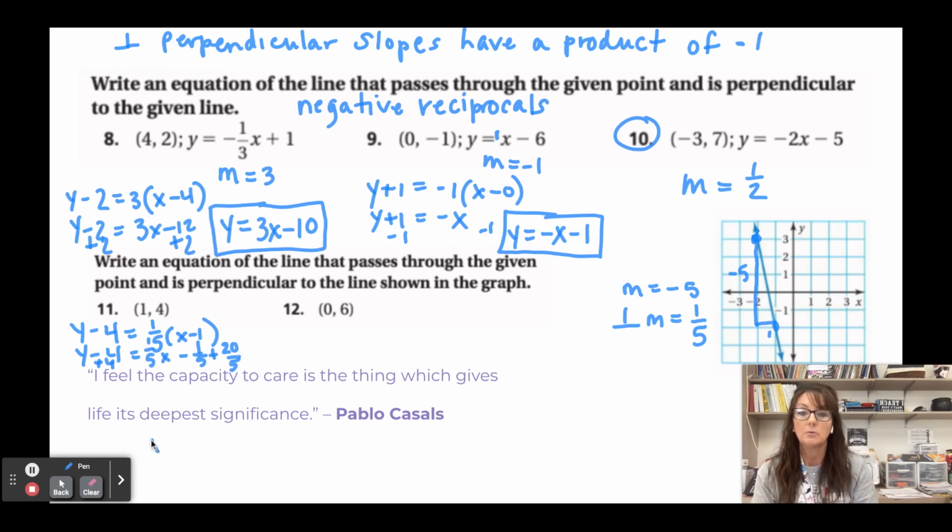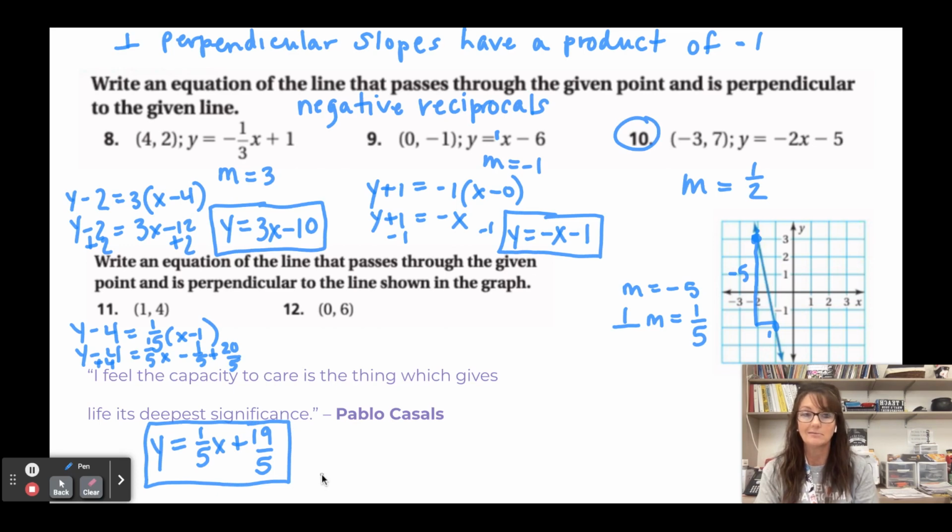Then I would get y is equal to 1/5 of x, and negative 1 plus 20 is 19/5. There you go. I took the tricky one for you. So remember, when adding or subtracting fractions, you need a common denominator, and that's 4th, 5th, 6th grade stuff. So yeah, you'll use it forever, I promise.